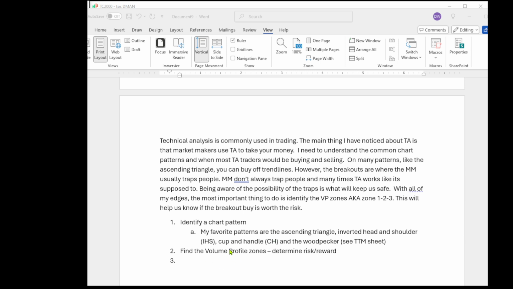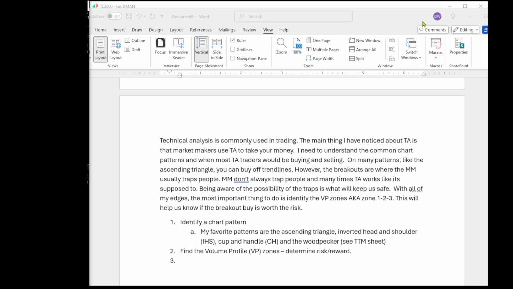Okay, so volume profile. Here, I'm going to put VP right here, just in case I put that somewhere throughout the document again. Okay, so now that we've found volume profile, let's actually find a chart and say what would be the next steps.